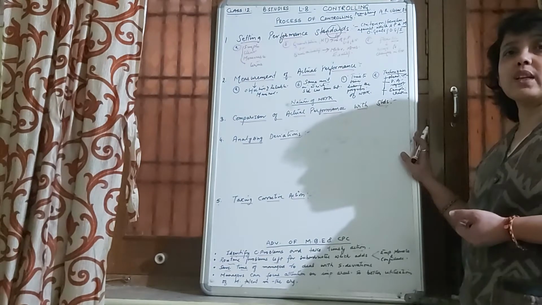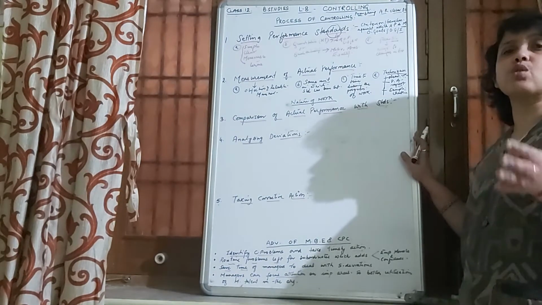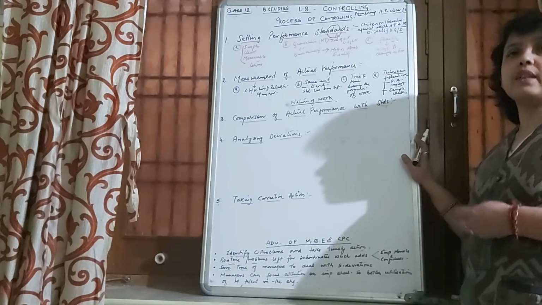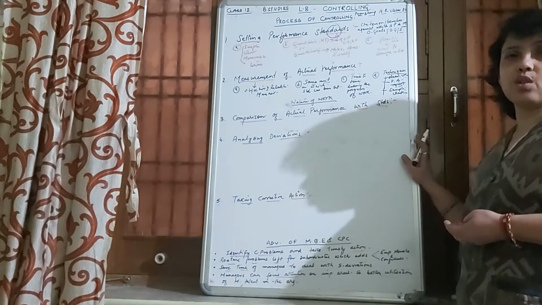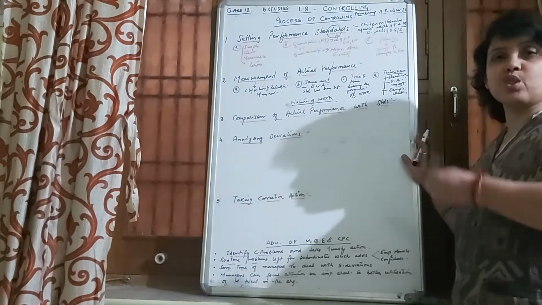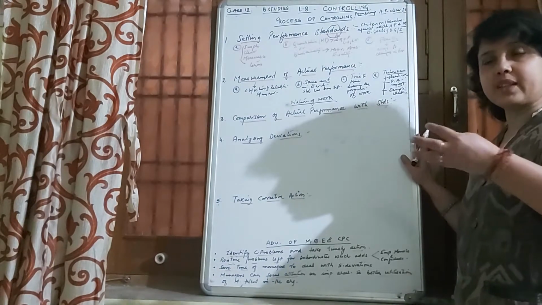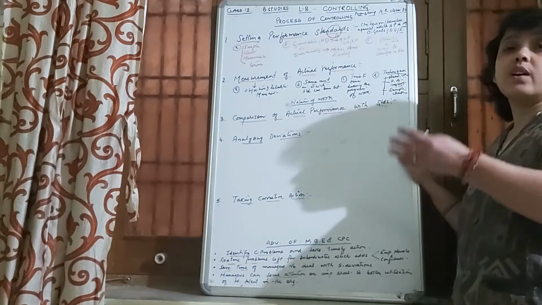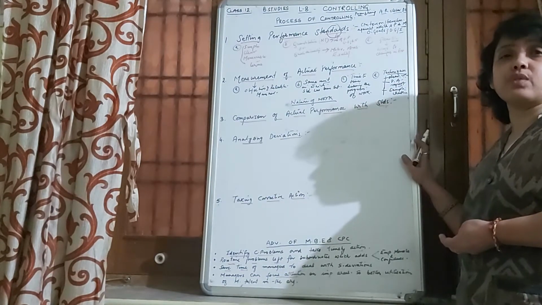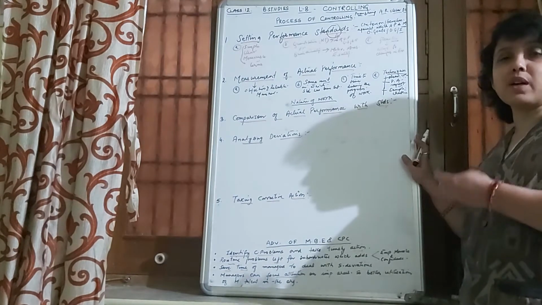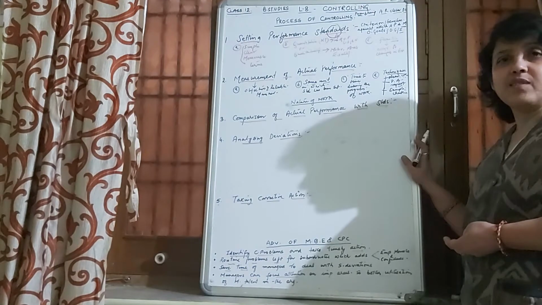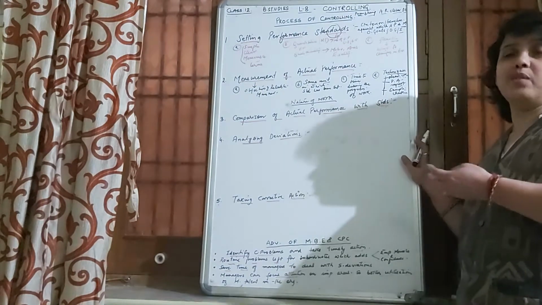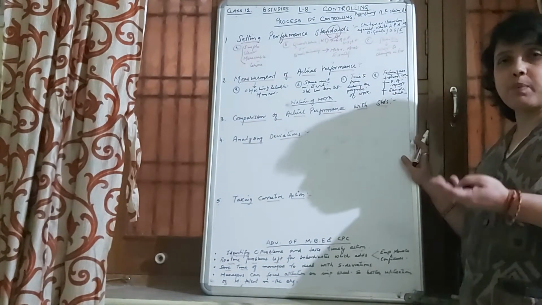If an organization wants to measure the performance of different departments, for example the production department, then it can measure its performance on the basis of the number of units produced and the number of defective products produced. For the marketing department, it can prepare the report on the basis of the number of units sold.